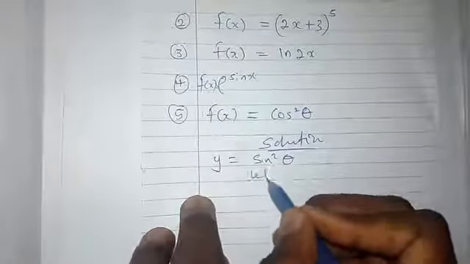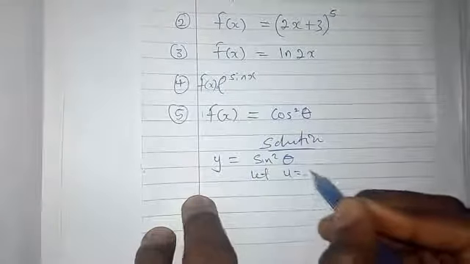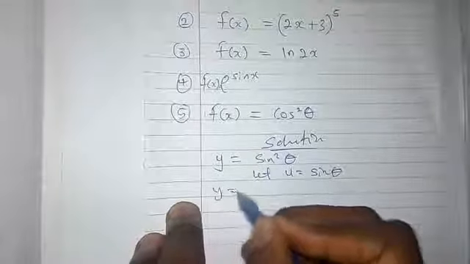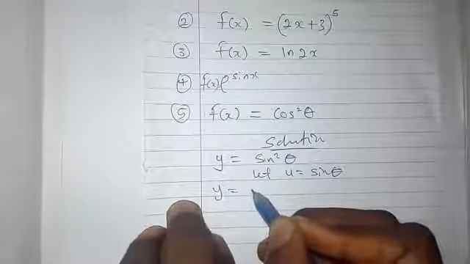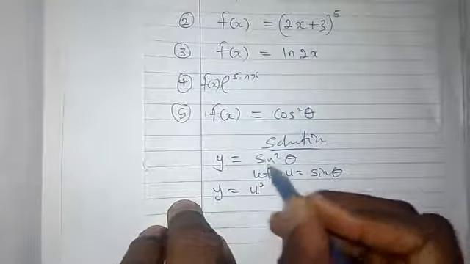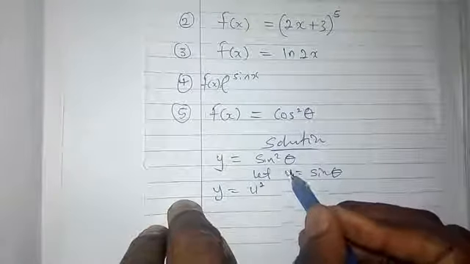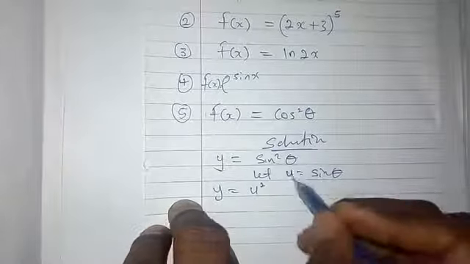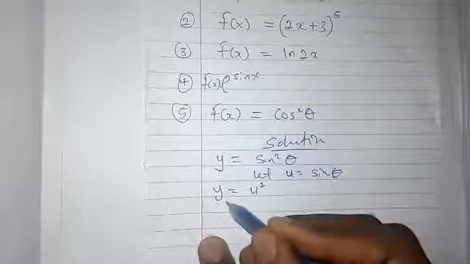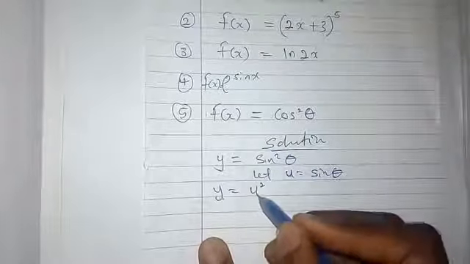Let u be sin theta, which implies y is u squared. That is, you represent sin theta with u. Now differentiate u with respect to theta, and differentiate y with respect to u.